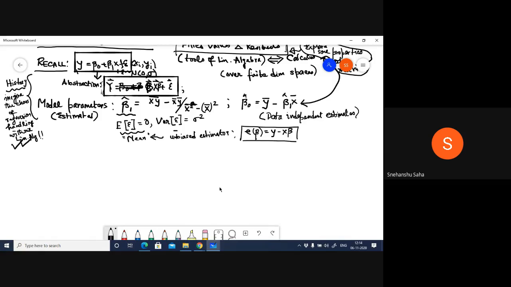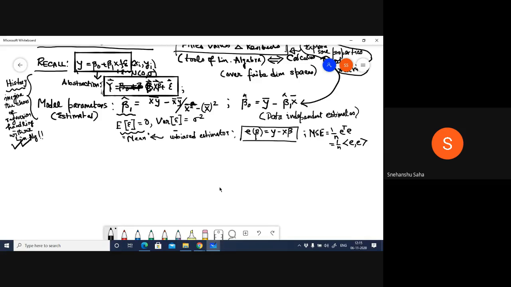We have seen before that the mean square error, which is the measure that we use in standard regression models, is computed over all observations, the inner product of the residual with itself, and that is why the mean square error gives you a scalar, a number.